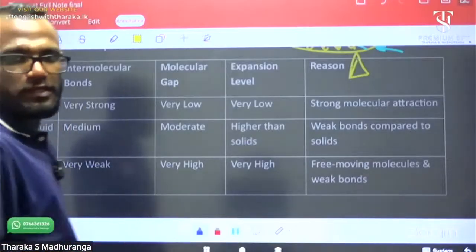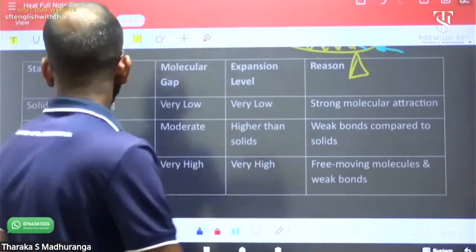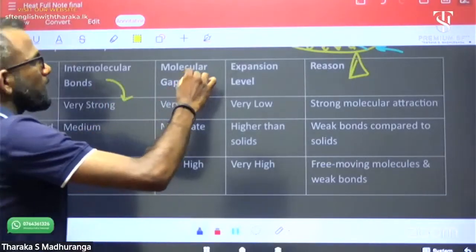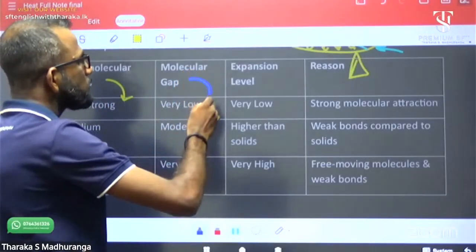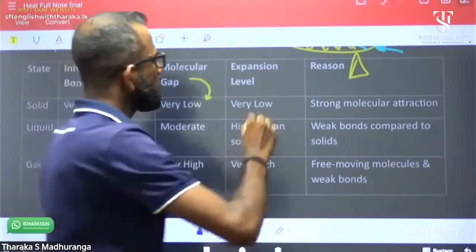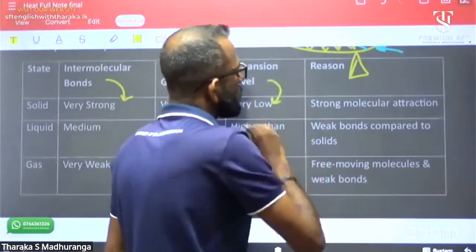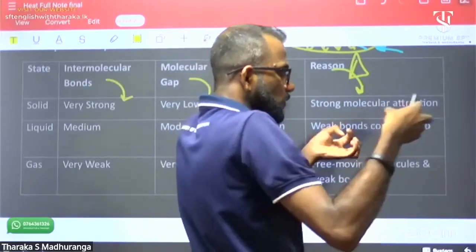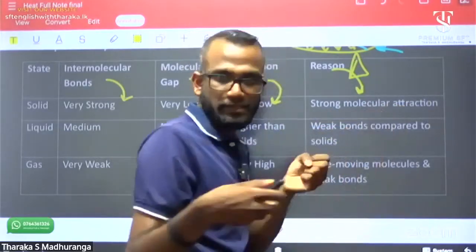If you have solid, they have very strong intermolecular bonds and very low intermolecular spaces. The expansion ability is very low. There is a strong molecular attraction. Strong molecular attraction means they are highly compacted.